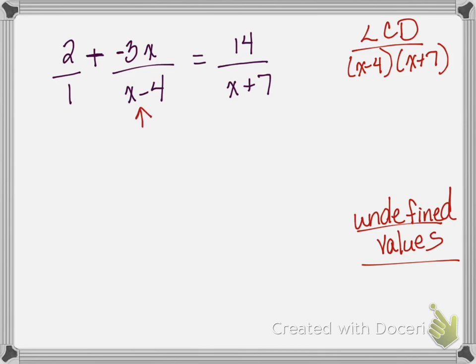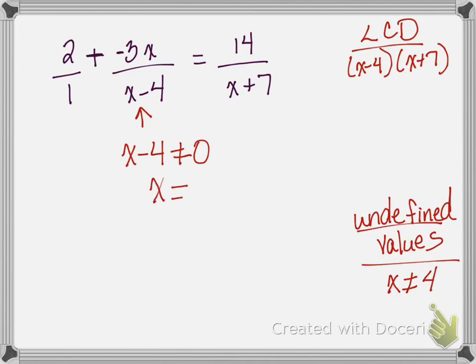Here, is there a number that I could plug in for x that would give me 0 right here? Positive 4. So x cannot be positive 4, because x minus 4 can't be 0.